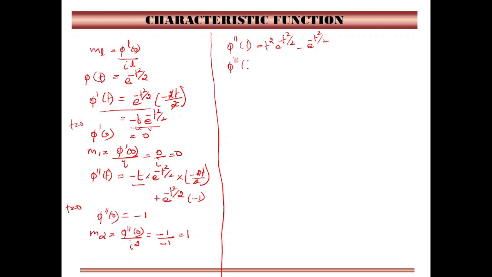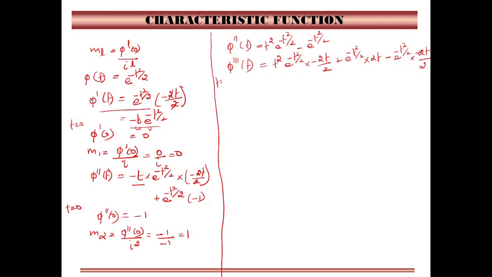So phi triple dash of t, this function can be differentiated. So t squared e power minus t squared by 2 into minus 2t by 2, using the uv formula here, and then plus e power minus t squared by 2 into 2t minus e power minus t squared by 2 into minus 2t by 2.